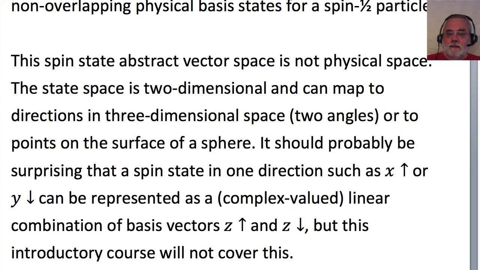It should probably be surprising that a spin state in one direction, such as x up or y down, can be represented as a complex-valued linear combination of basis vectors z up and z down. But this introductory course will not cover this.